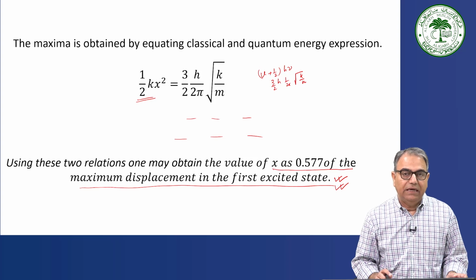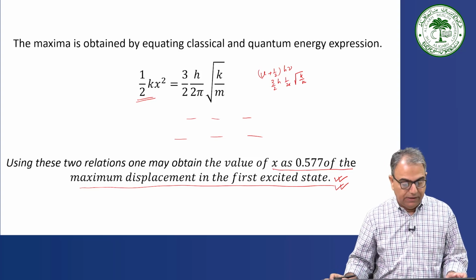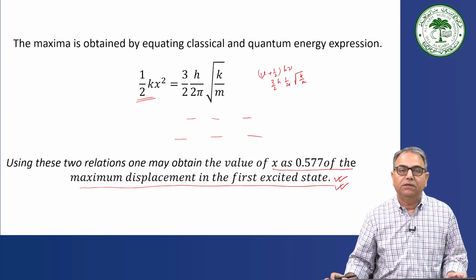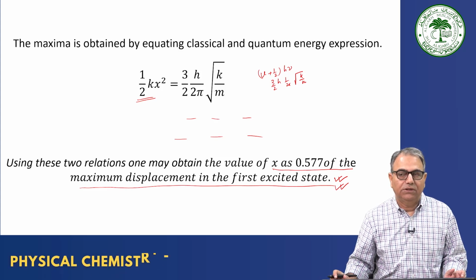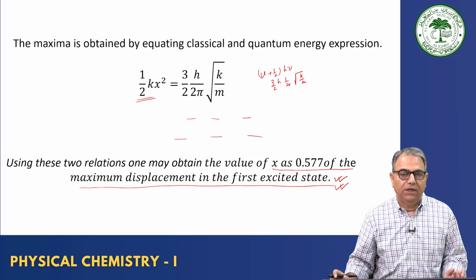Having done this and using these equations, we have finished almost everything about the simple harmonic oscillator. We started with the classical harmonic oscillator, talked about its solution and its energy, and about everything. But what is the use of doing this?